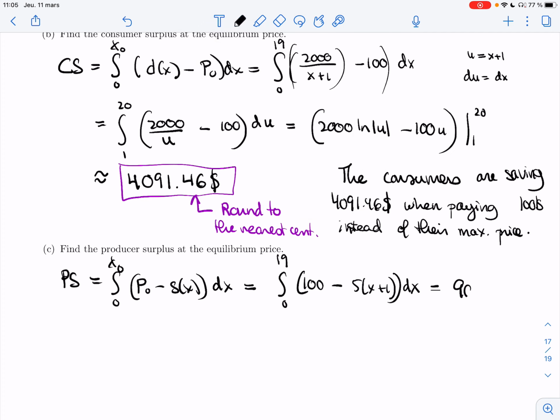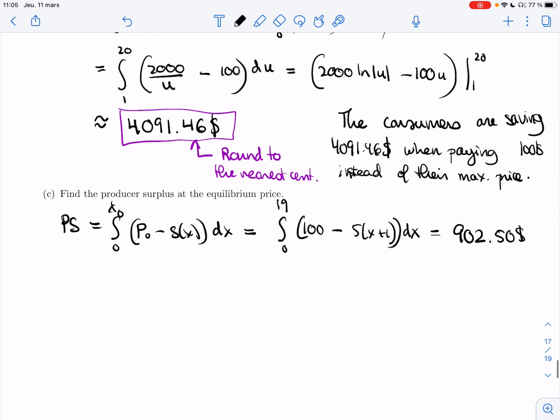It's equal to $902.50. And so the producers are, well, they're not saving, right? They're getting extra.